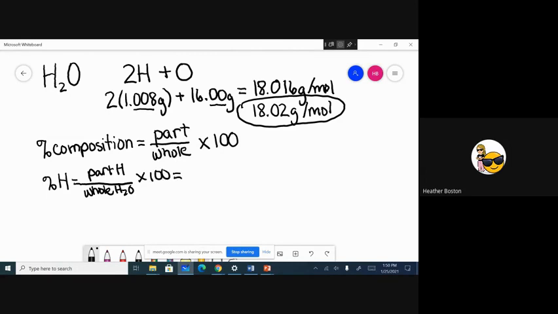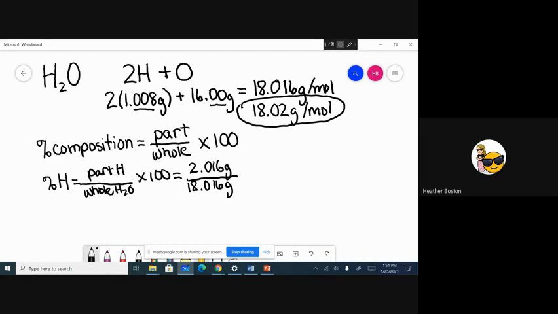We have to be careful because there's 2 hydrogens, so it's not 1.008, it's 2.016 grams of this compound is hydrogen out of the entire 18.016 grams. Now, when you're doing these problems, this is the part that everybody forgets.